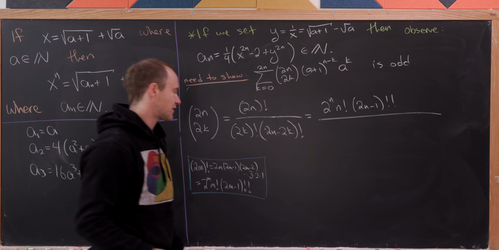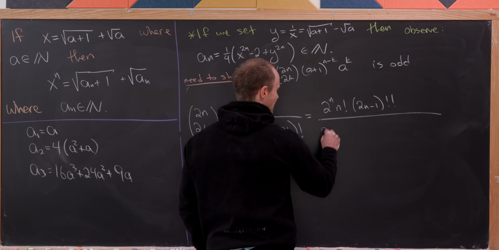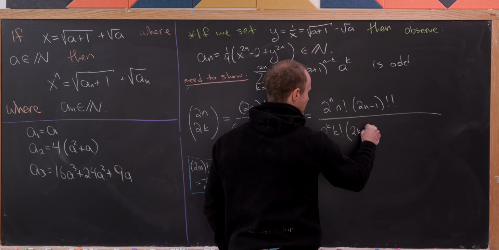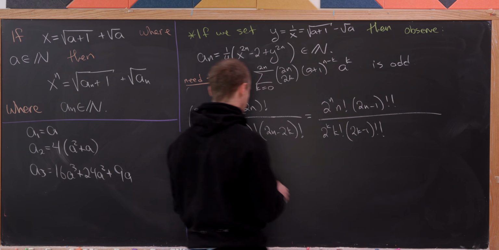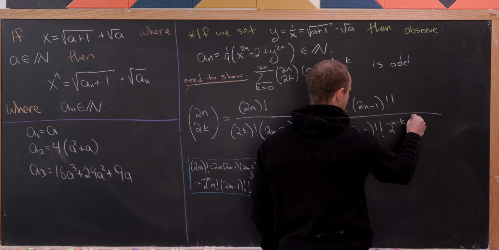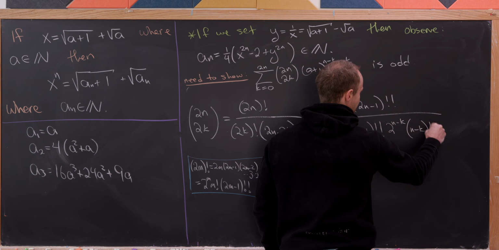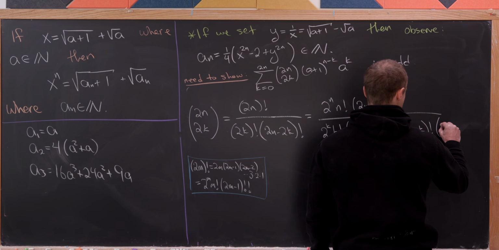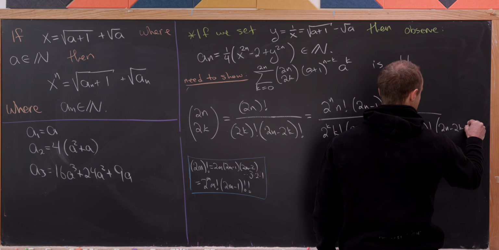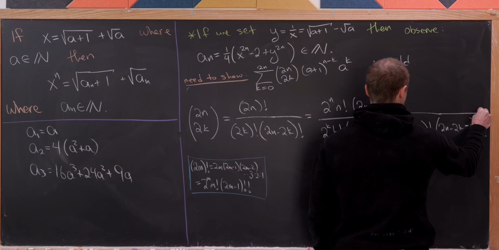And then in the denominator, I'll have something similar. I'll have 2 to the k, k factorial, and then 2k minus 1 double factorial. That's from this first one. And then I'll have 2 to the n minus k times n minus k factorial times, let's see, 2n minus 2k minus 1 double factorial.